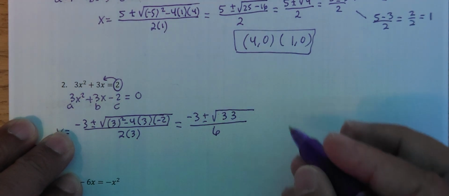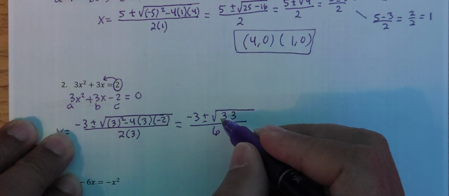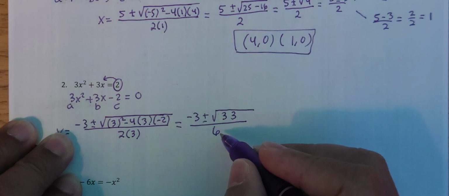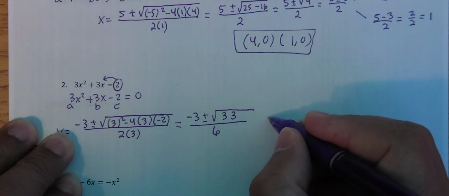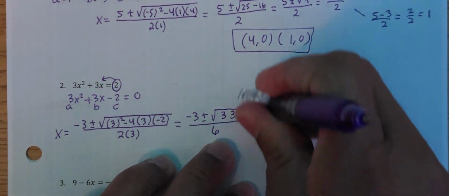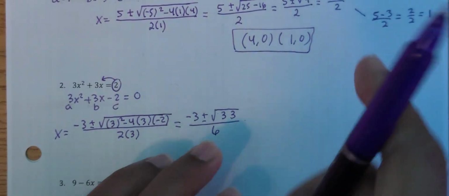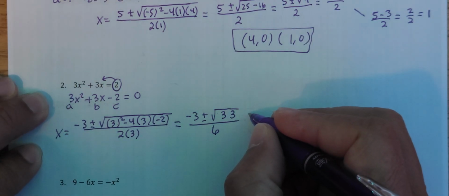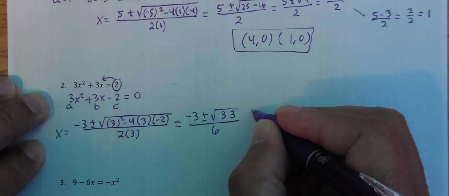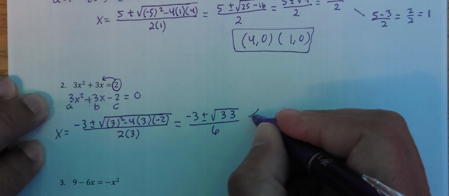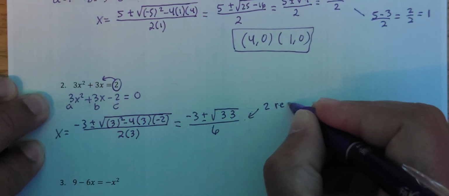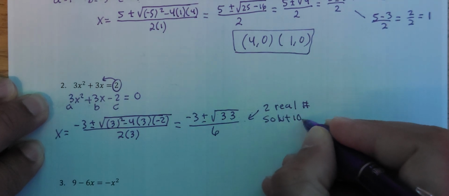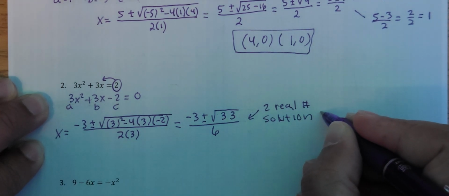Okay, so in this case, notice that I am not going to separate these two. I'm just going to leave it like this. And this is called the simplest radical form. Okay, since the number is positive, this implies that we have two real solutions. Okay, so this means we have two real number solutions because that number inside the radical is positive.